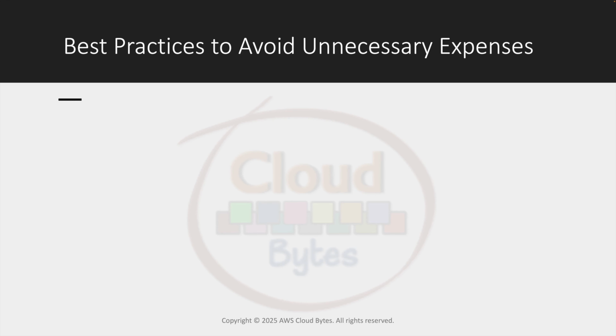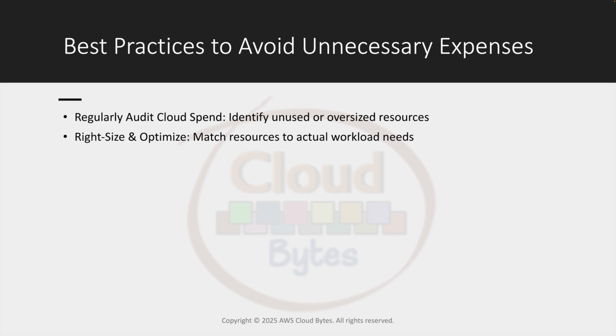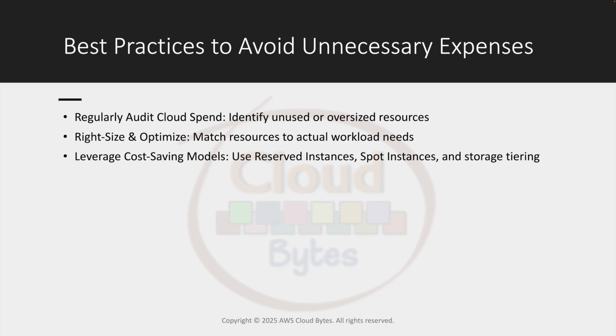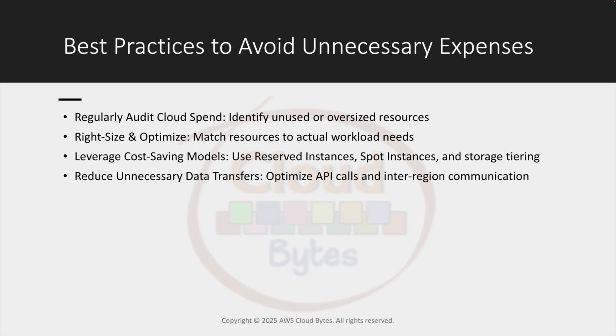Okay, let's summarize the best practices to avoid unnecessary expenses. You should do regular audits of your cloud spending, and you should identify unused or oversized resources. Right sizing and optimizing, leverage cost saving models, reduce unnecessary data transfer, look into monitoring, and you should adjust your monitoring continuously.